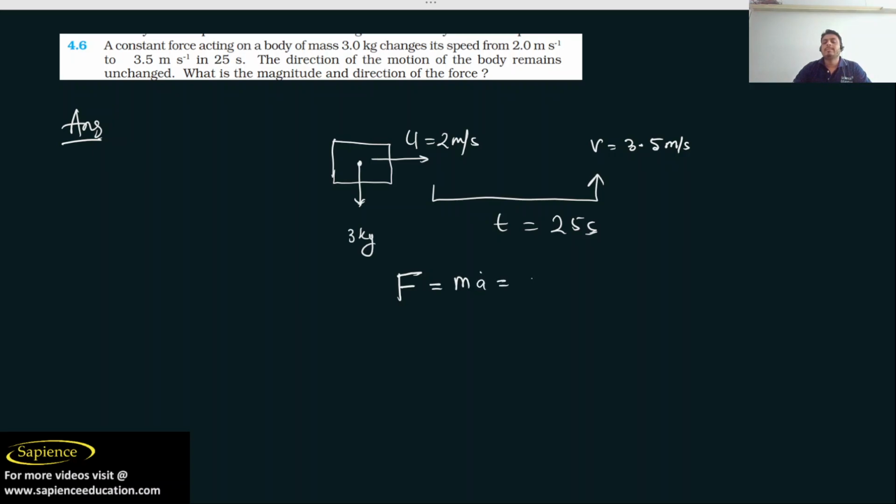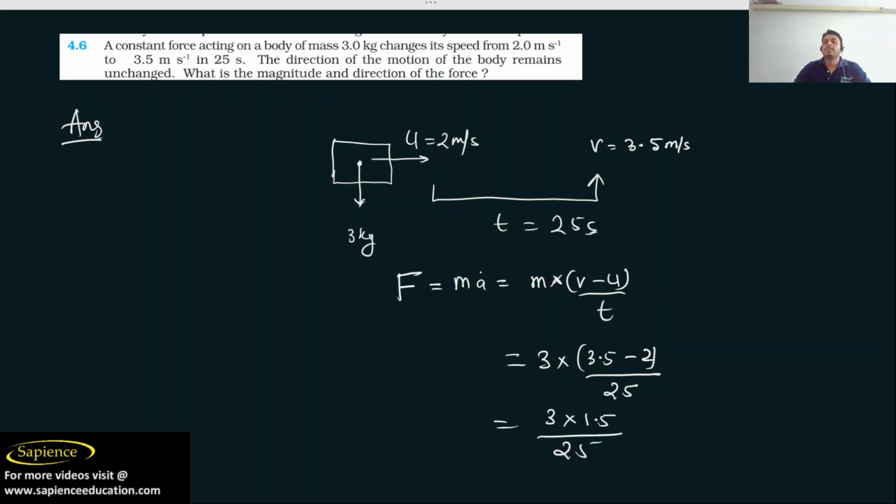We can write m into (final velocity minus initial velocity) by time t. What is our mass? 3 kg. Final velocity? 3.5. Initial velocity? 2. Time? 25. So this is 3 into 1.5 divided by 25.